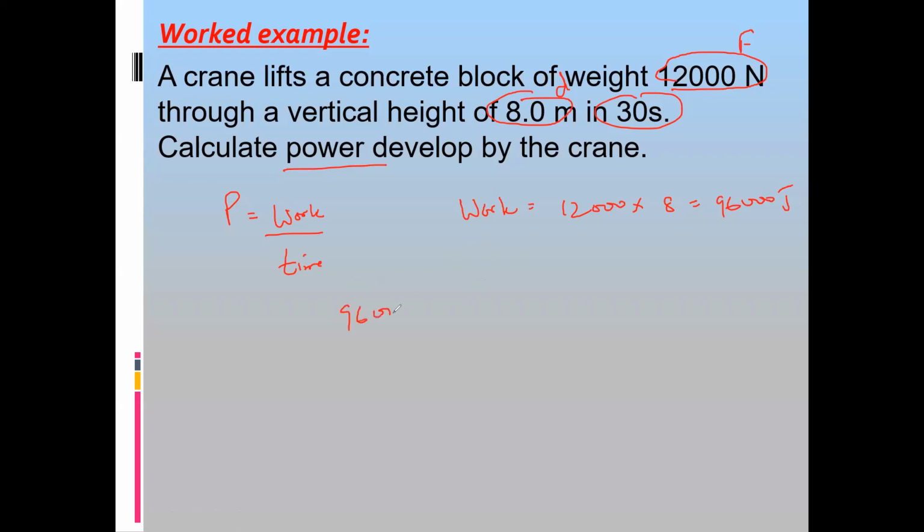So 96,000 divided by the time, which is 30, which is 3,200 joules per second. So that is the power, or we can also say 3,200 watts.